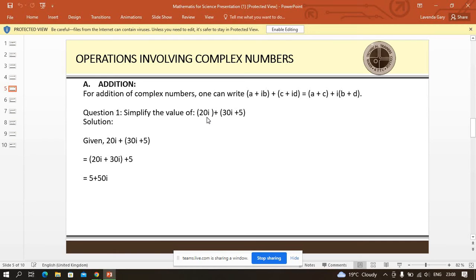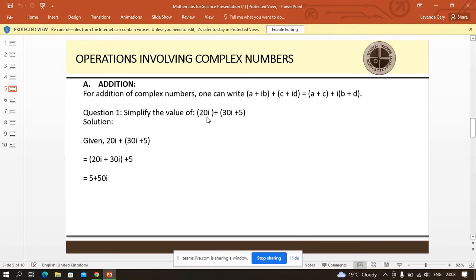Yes, because 20i is the imaginary number. If you study about the commutative property of numbers, there is no change. It's like 0 plus 20i, so the real number should be 0. Are we together? Yes, and in the second number, 5 is the real number.